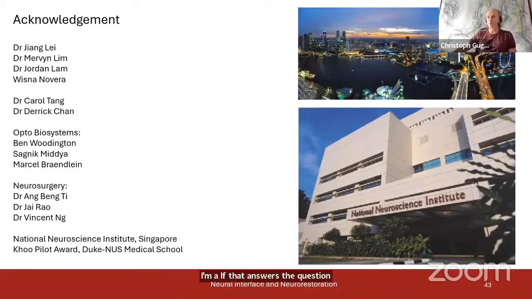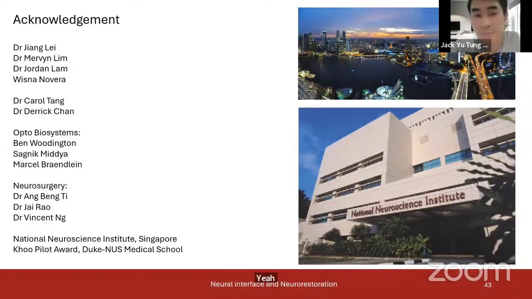Thank you very much. Then somebody, I guess from Japan, is asking, how large can you make these arrays? Yeah. So again, I'm a neurosurgeon, so I actually don't know the exact details of the engineering side. But in theory, in terms of the actual arrays themselves, I don't think there is an upper limit. You can have a very wide array that covers essentially the whole hemisphere, for example.